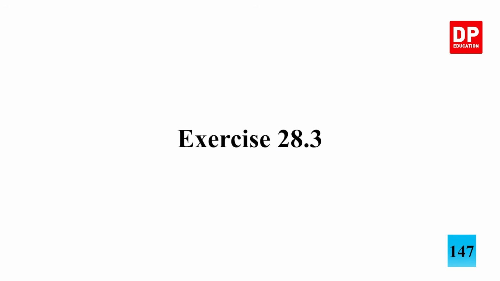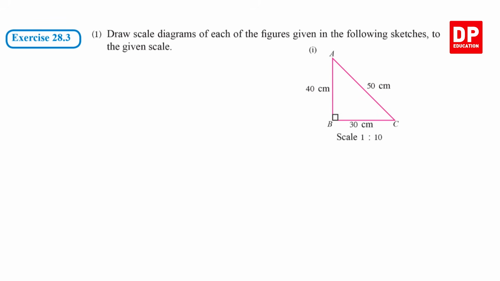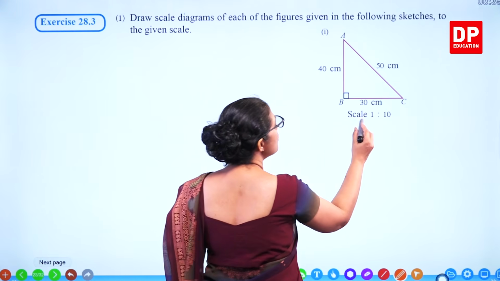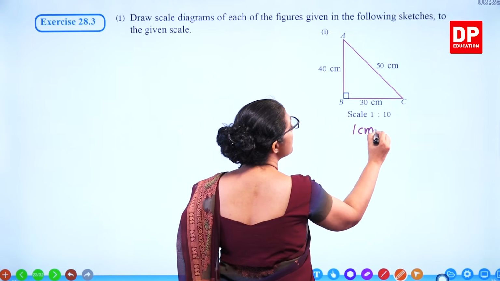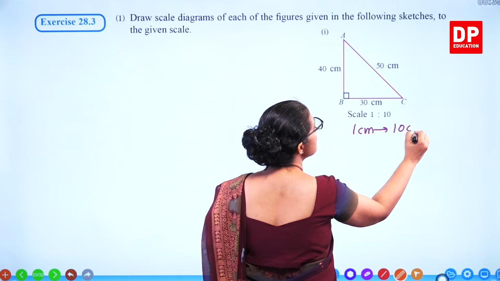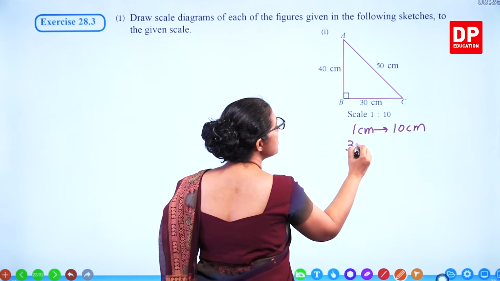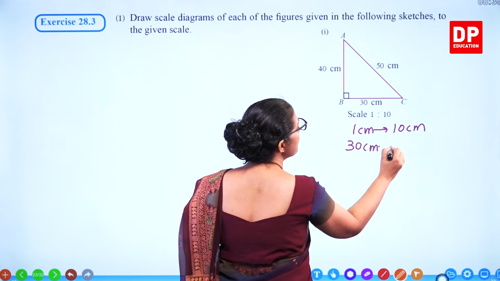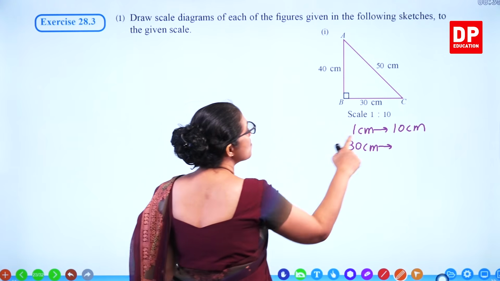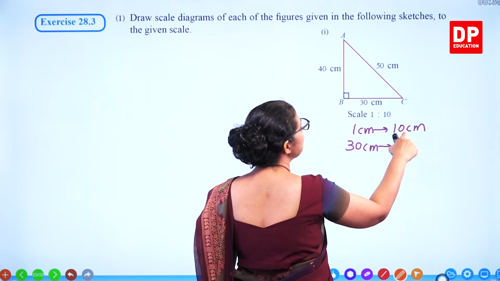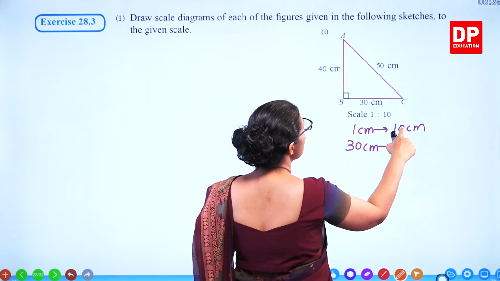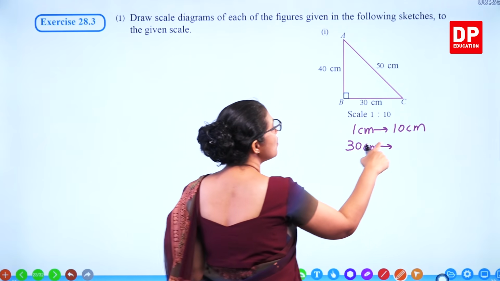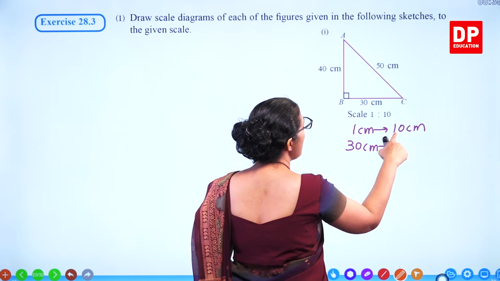Exercise 28.3. Draw scale diagrams of each of the figures given in the following sketches to the given scale. 1 to 10. 1 to 10 means 1 centimeter represent 10 centimeters. So 30 centimeter means you have to divide by 10.